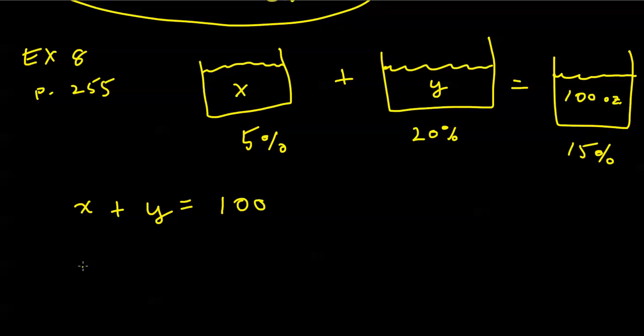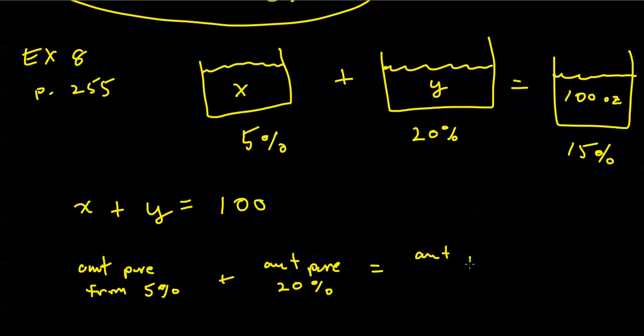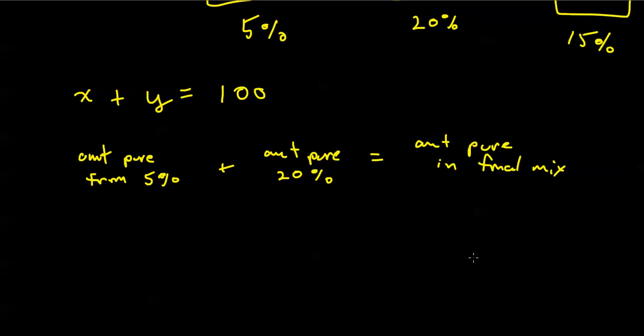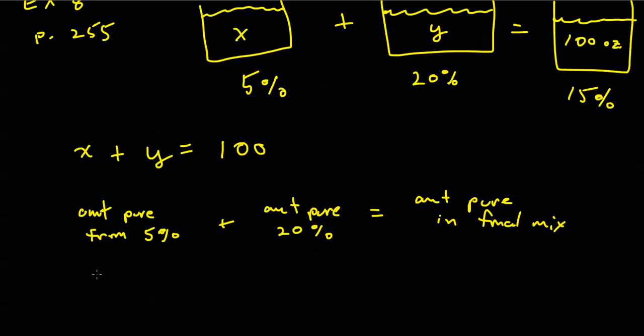The amount of pure acid from the 5% solution plus the amount of pure acid in the 20% solution has to equal the total amount of pure acid in the final mix. Okay? And I can get an expression for X and Y out of that last equation I've written there.